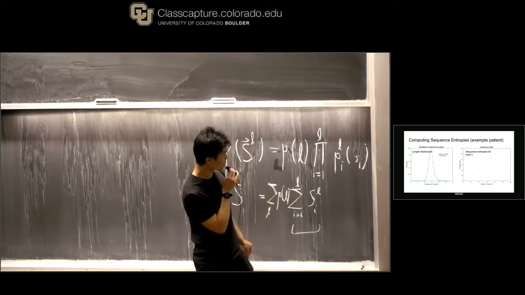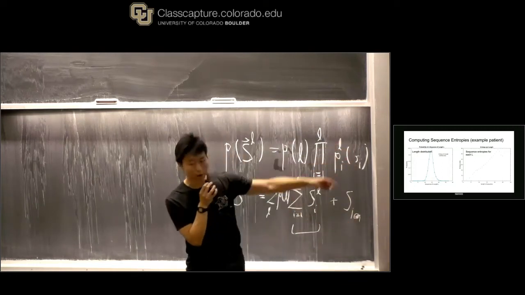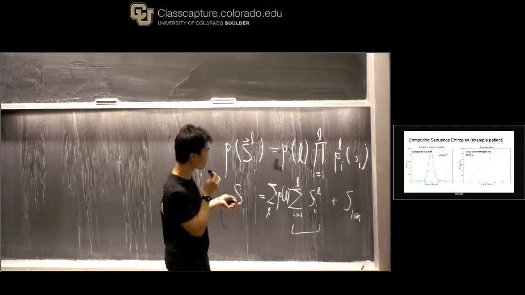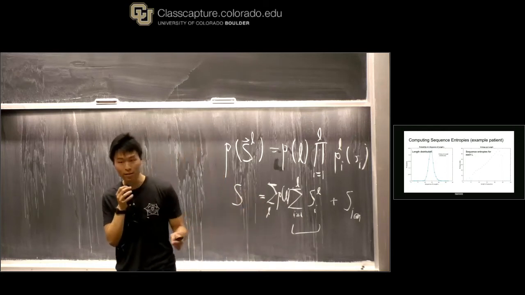And there is also an entropy term due to the length distribution, which is on the left here. And so this is basically the first semi-working method for computing the sequence entropies.